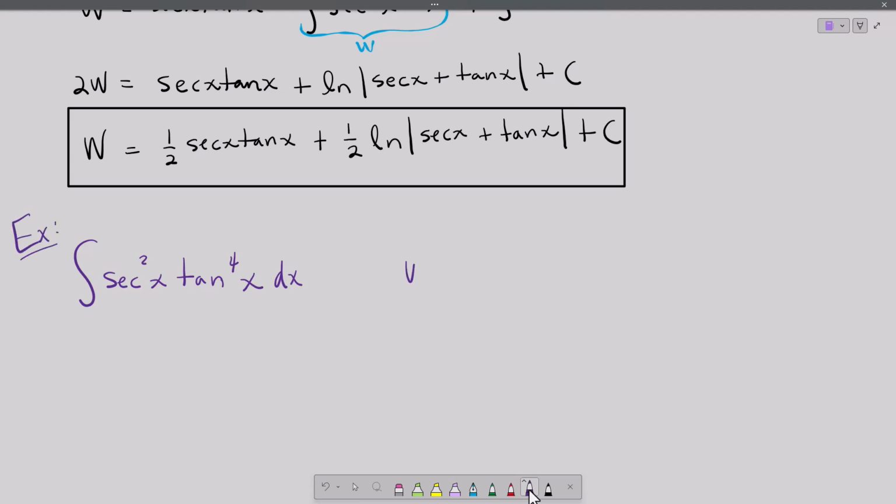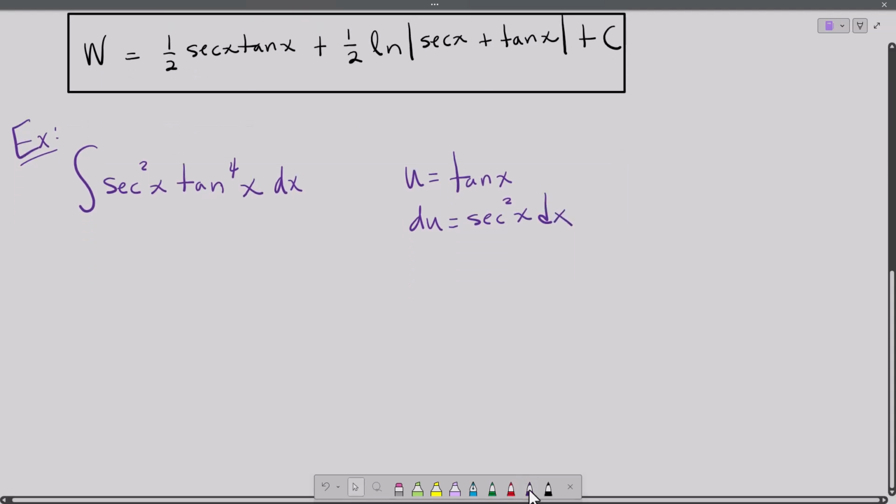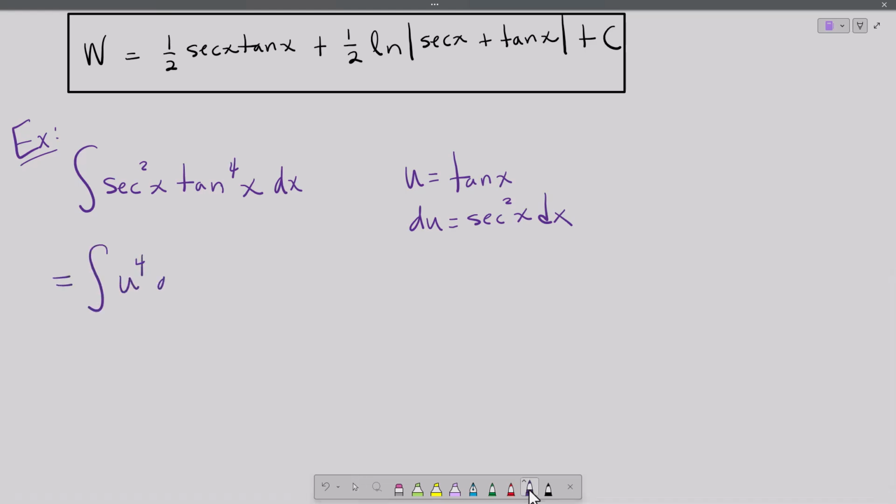If we let u equal tangent of x, because tangent's derivative is secant squared. This is the derivative of tangent right here. So this would become u to the fourth du.